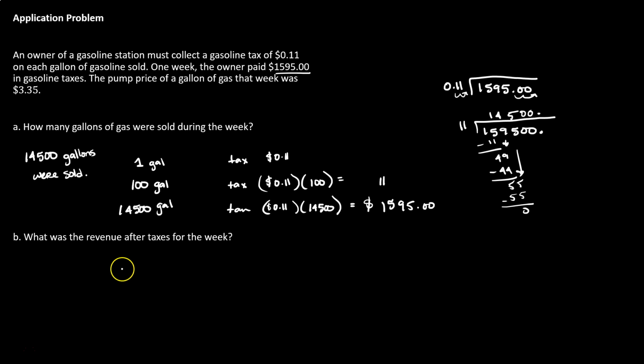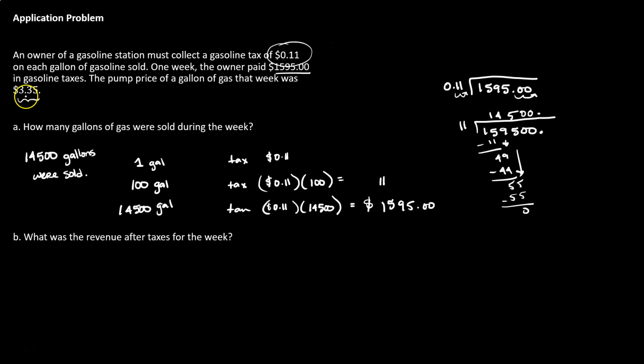Part 2, what was the revenue after taxes? Now, the pump price, this $3.35, that has to include the taxes, because this gas station owner is not going to sell you gas without passing on the tax to you. They're not going to eat the cost of taxes.